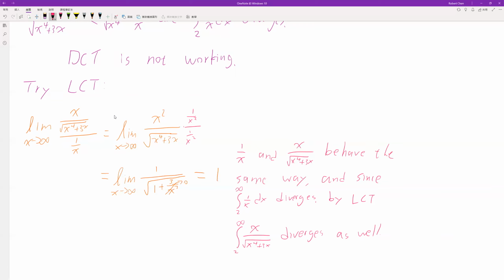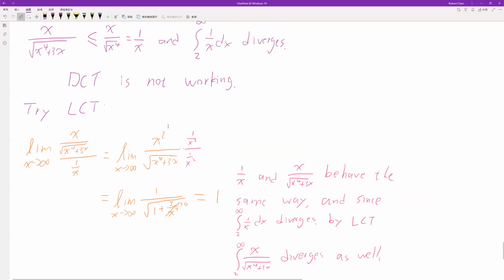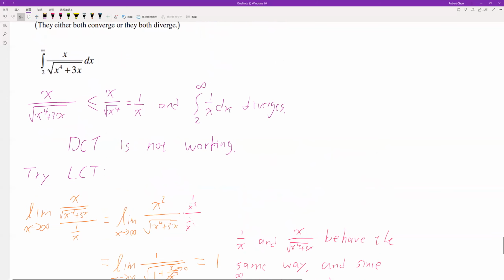Okay, so this is a little bit different than the direct comparison test. For the direct comparison test, if the inequality were the other way around, then we can say that, okay, it diverges, because if the smaller function diverges, then the larger function would diverge as well. But here we have the larger function diverging. It does not mean that the smaller function diverges as well.